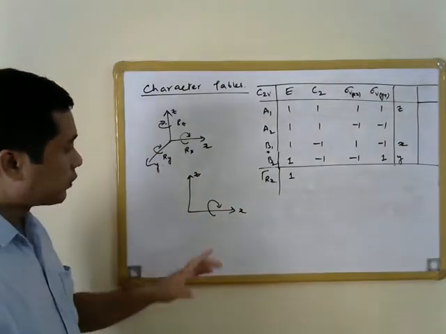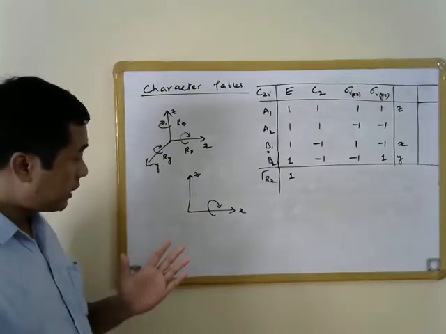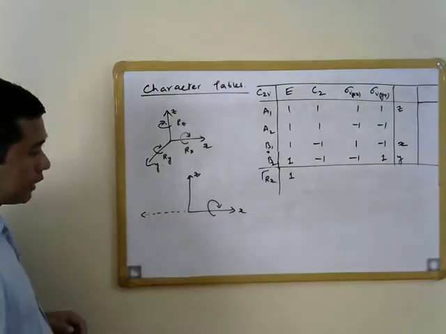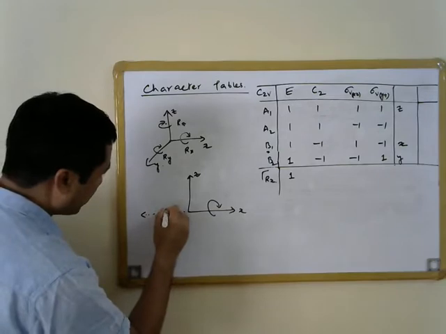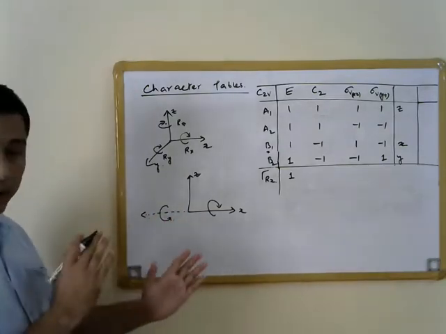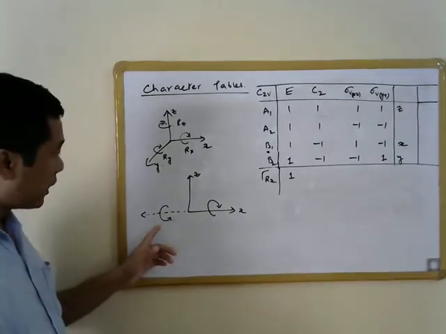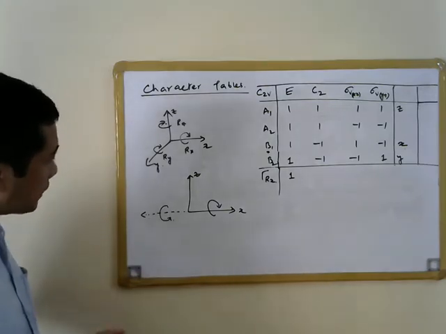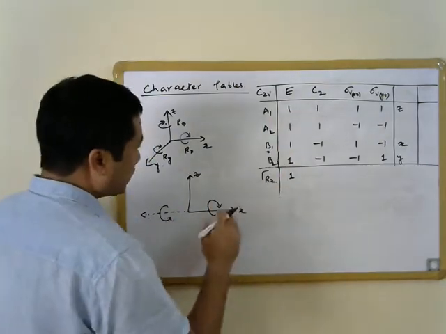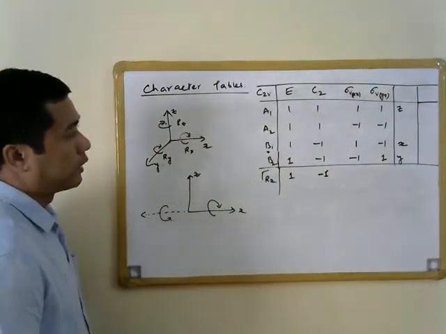When you do the C2 operation along the z-axis, that is rotating it by 180 degrees, this vector will reach over here, and its direction is also going to get reversed. So the character for the C2 operation when we take Rx as the basis is going to be -1.